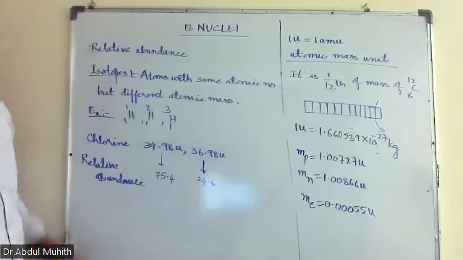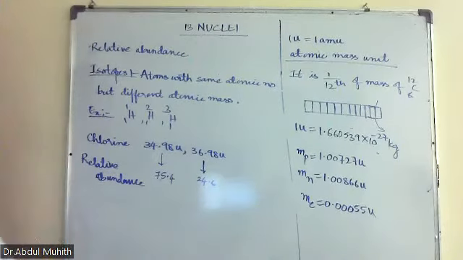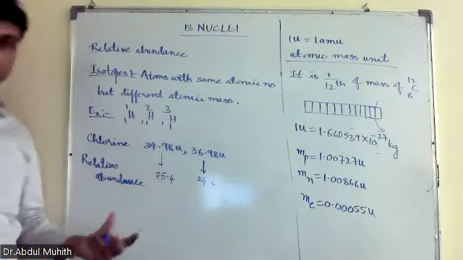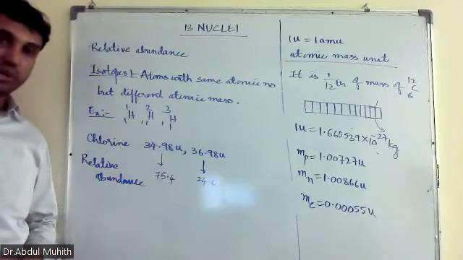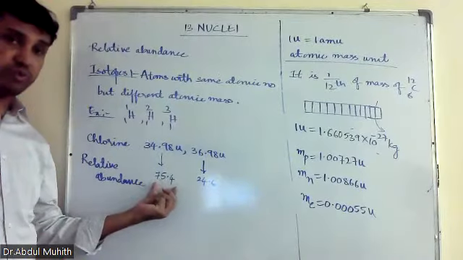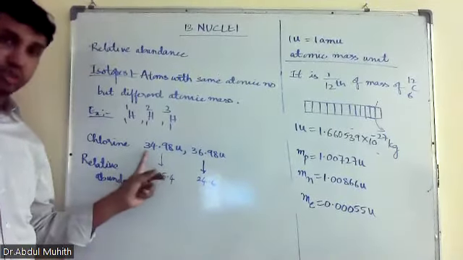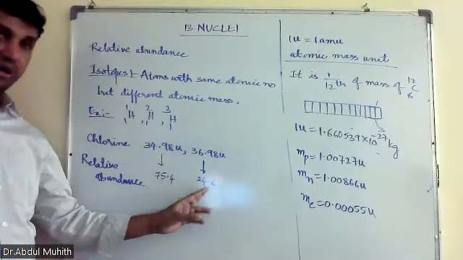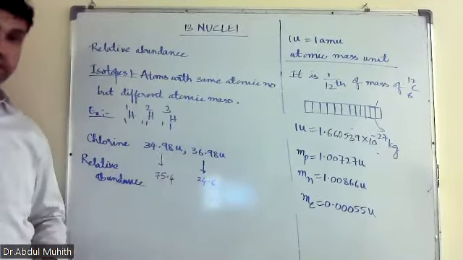This is the availability in nature. If I take 1 kg of chlorine from nature, then about 75.4 percent will be this isotope, and approximately 25 percent will be the other.